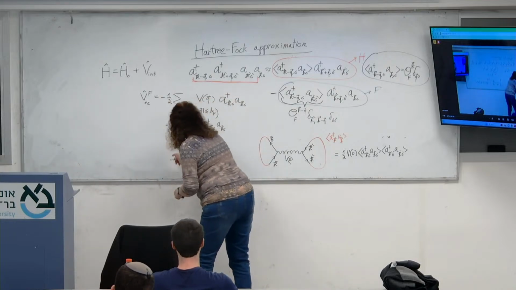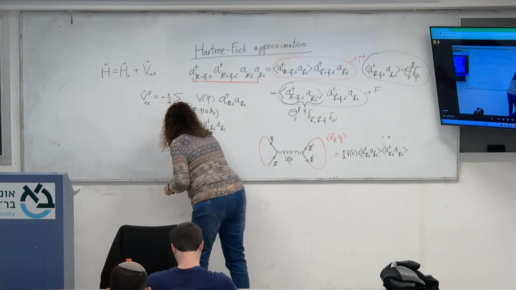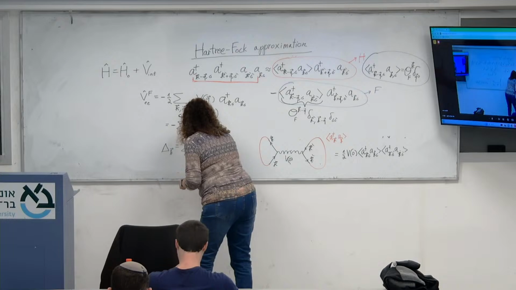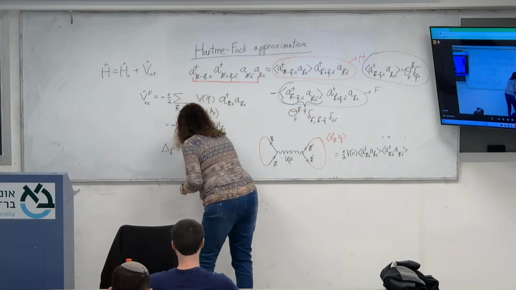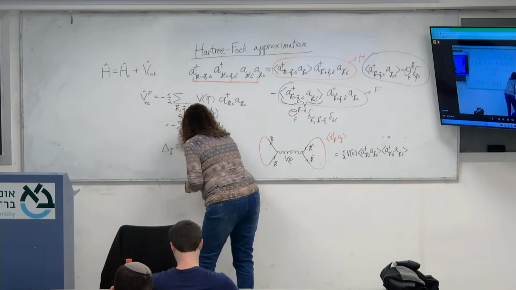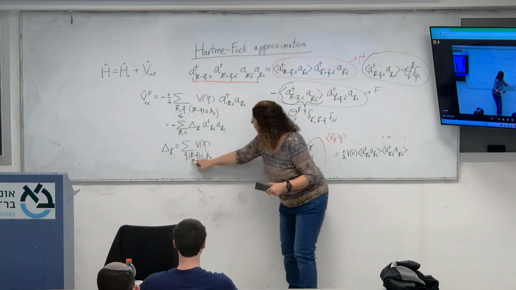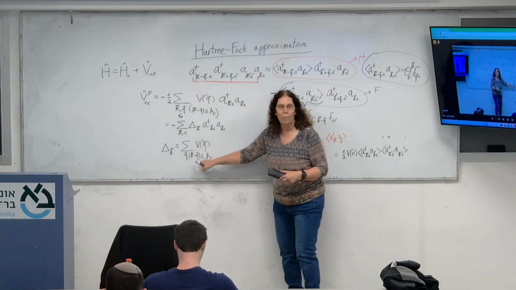Delta, this is a definition, is the sum over q of v of q, constrained by the requirement that k minus q has to be inside of the Fermi sea.